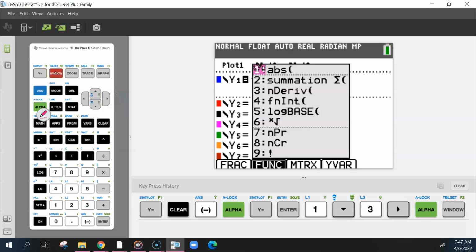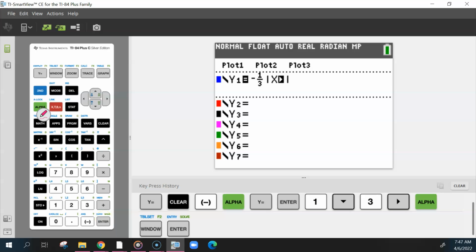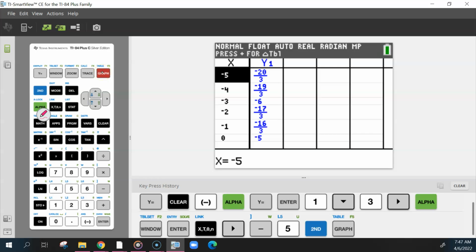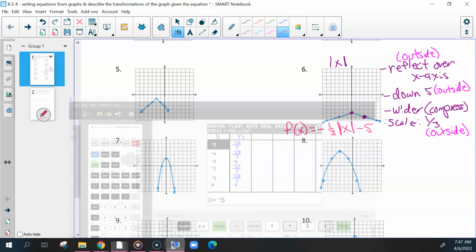Absolute value is alpha window if you're doing this. And then -1. And I'm just going to look at the table. There are a lot of fractions in here. I'm just going to focus on the whole numbers. So we have -3, -6.